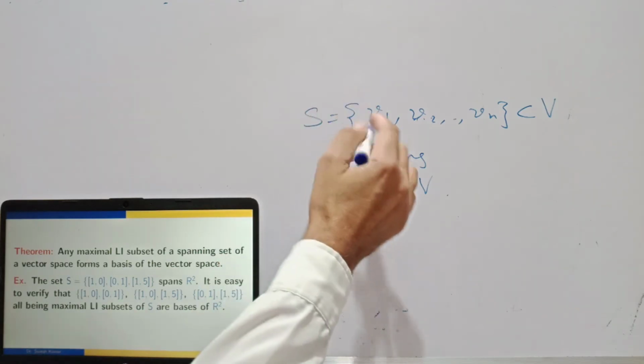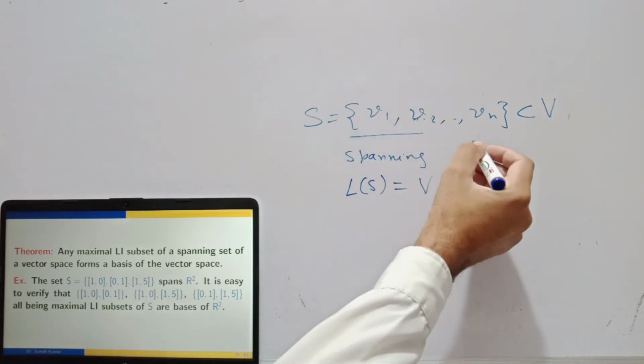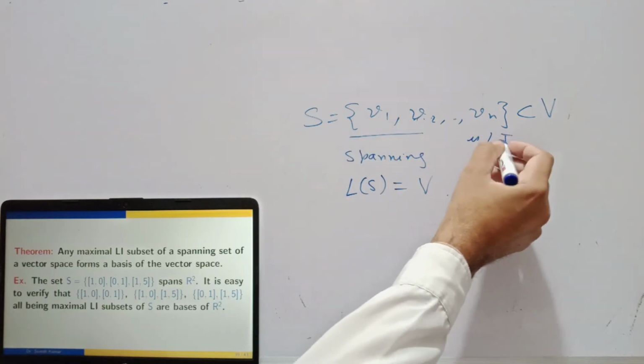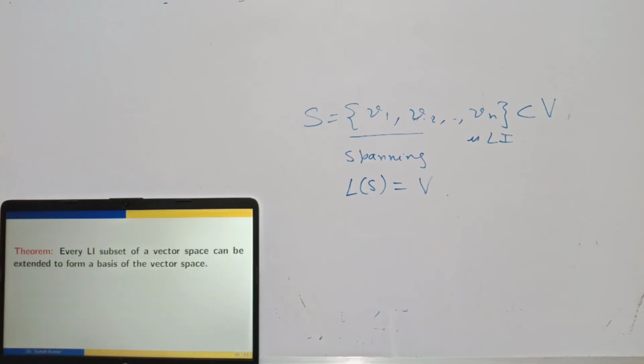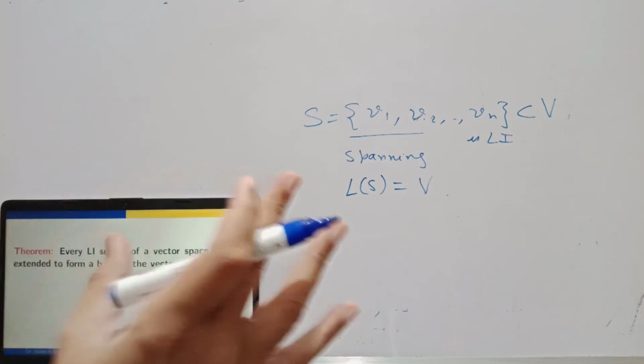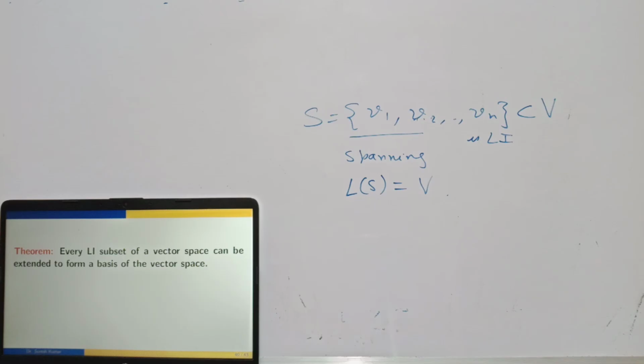In case S is linearly independent, then either it is itself a basis, or you can insert vectors in the set to form a basis. How many vectors are to be added? So that the total number of vectors in the given set is equal to the dimension of the vector space.